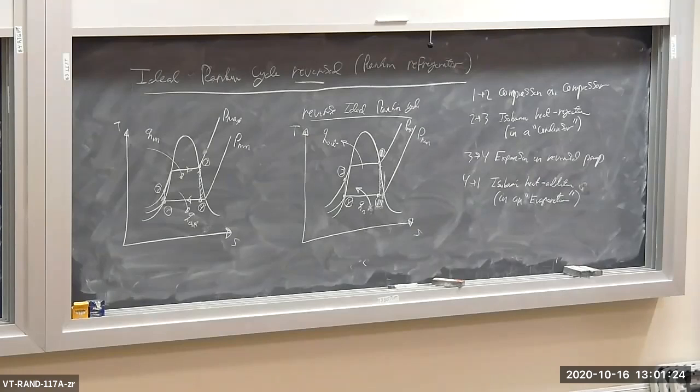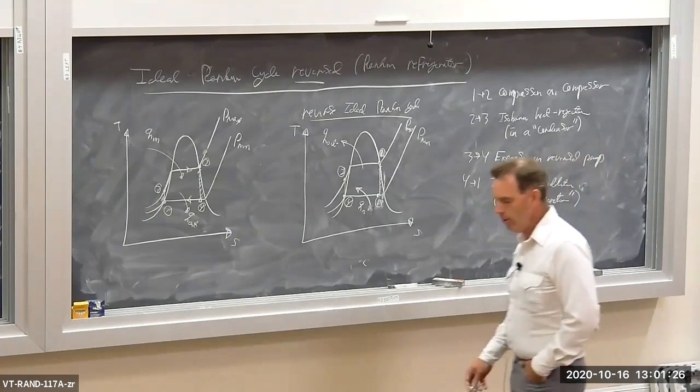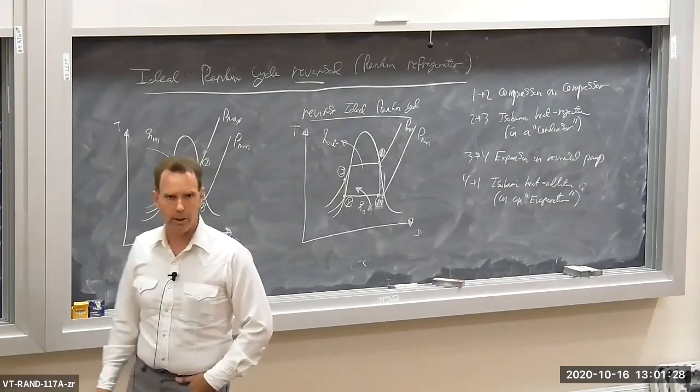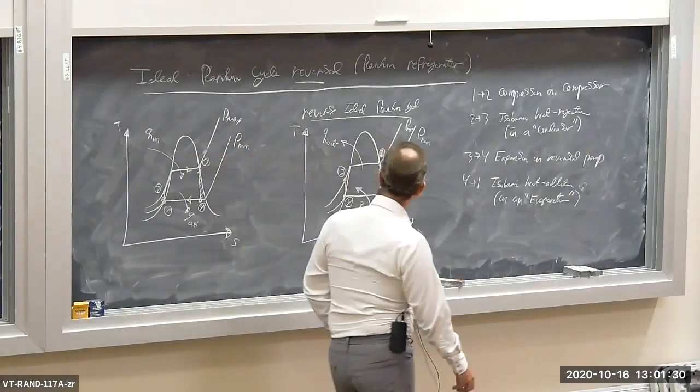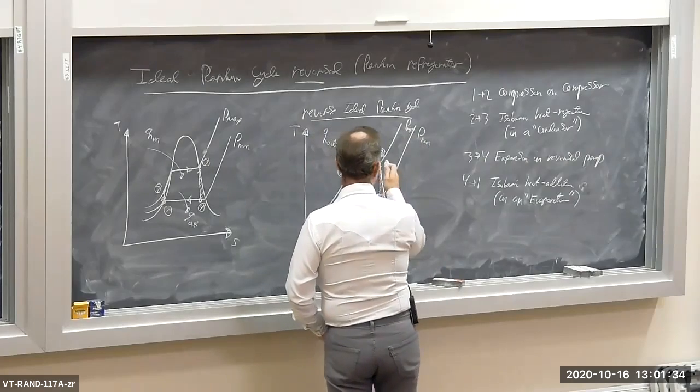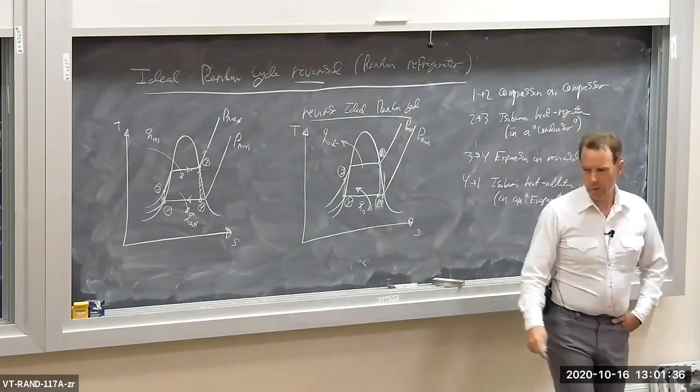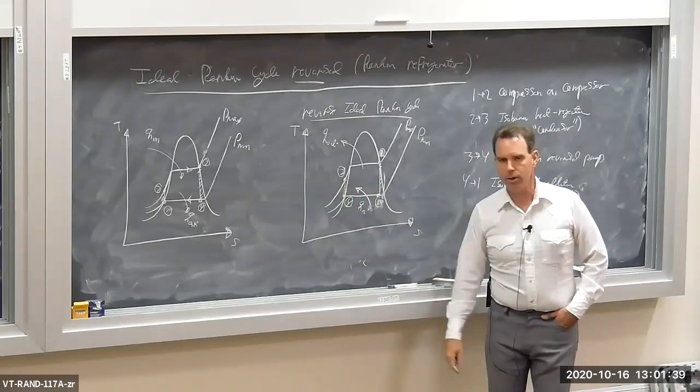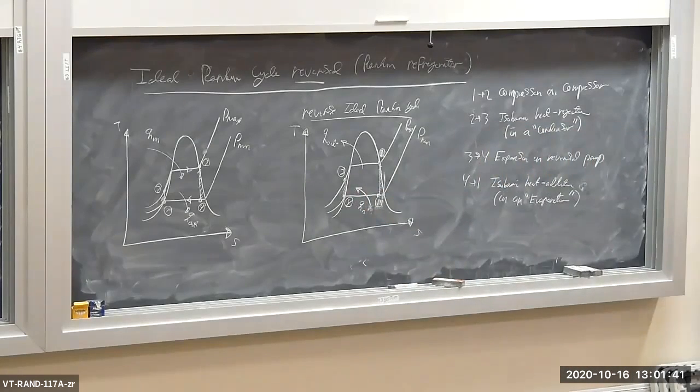Okay, so we have this reversed Rankine cycle, and it's working as a refrigerator. Clearly, we have to do work. We have to drive this compression process. We get a little bit of work back on this reverse pump process. In the previous example that we did, you recall how large the pump work was compared to the turbine work?